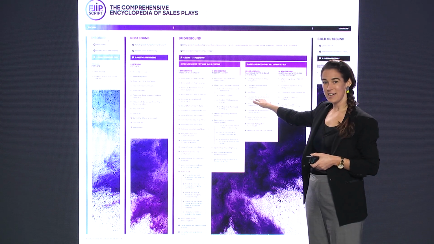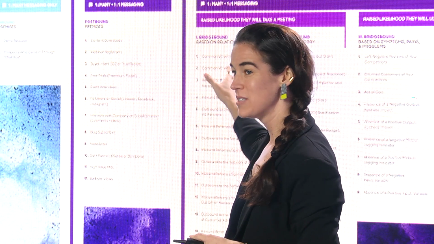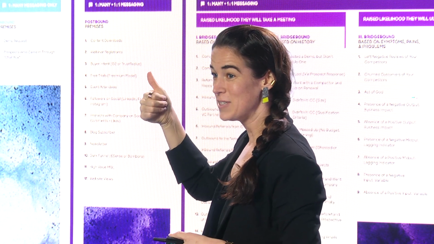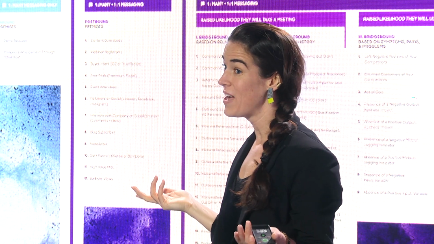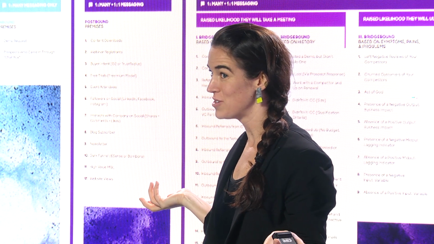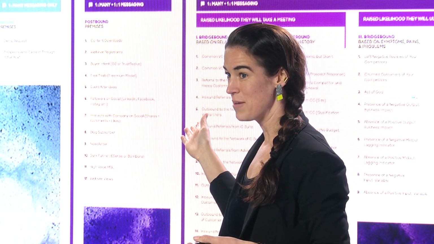So in the first case scenario, for relationship and history, there's an increased likelihood that they will take a meeting, but you don't know if they have the pain that you solve for. You don't know necessarily if they have the problem that you solve for. They're just more likely to take a meeting.